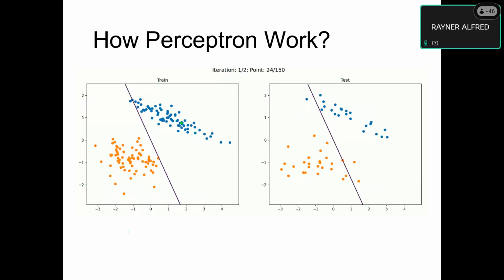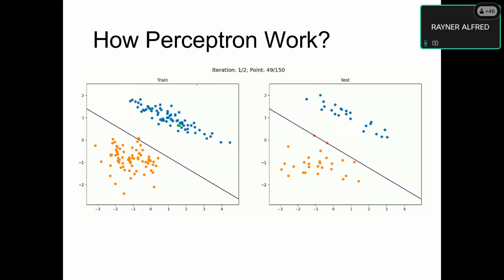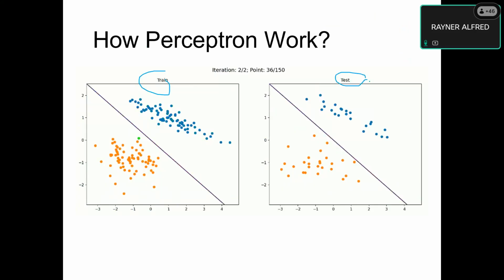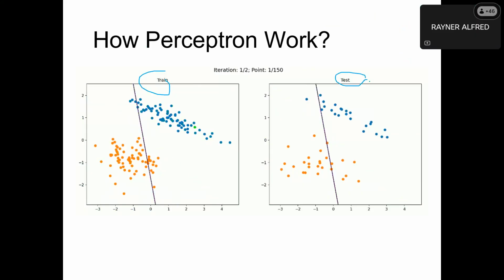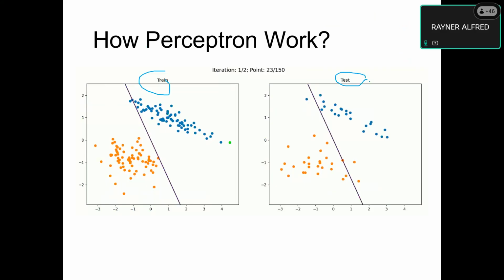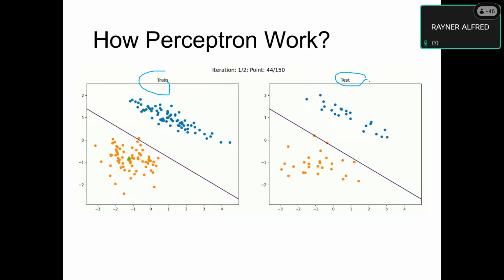Okay, so this is the example. This is the training, and this is the testing. So this is how they move the line, and they adjust the line by adjusting the weight of individual features that we have. For this one, we only have 2 features, X1 and X2. So Y is your output.